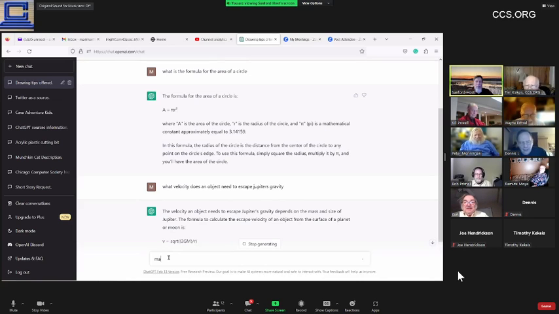Okay. Mass equals 1 ton. What does it say? Size equals 3 feet. It should be cubic. It should be more than 3 feet, but never mind.